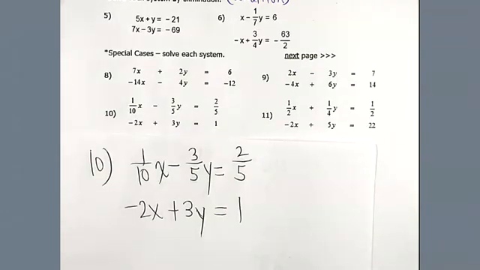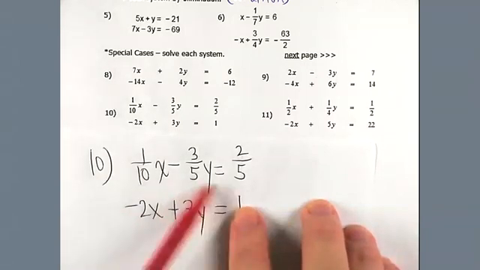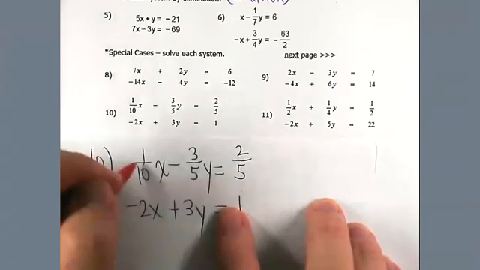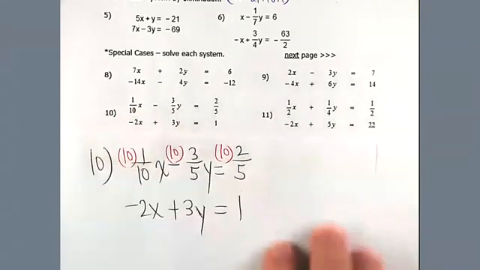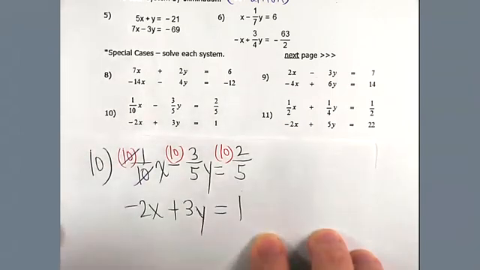The first step before we decide what method to use is, in the first equation, eliminate the fractions. The least common denominator among the three denominators is just 10. So we'll multiply each part by 10. And along the way, we will cancel out to get rid of each fraction. With the first fraction, the 10s cancel, leaving us with just 1x.